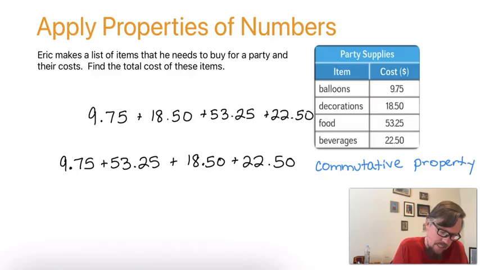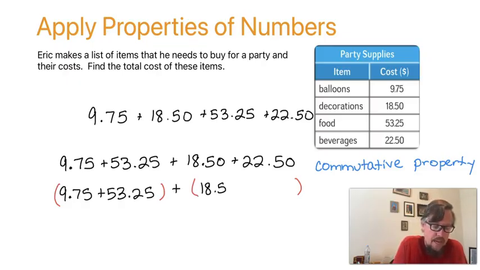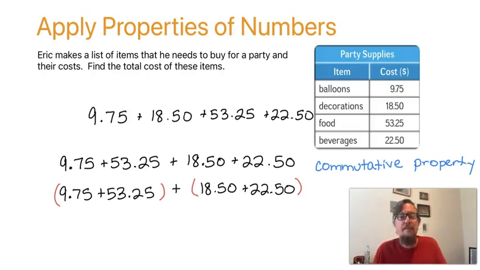So we're going to take this exact same problem, but we're going to put parentheses around each set of these numbers. So the $9.75 plus $53.25 will be in a set of parentheses saying add these together first. Then we're going to add the $18.50 and the $22.50 together. Again, add these together before you do the two amounts together.